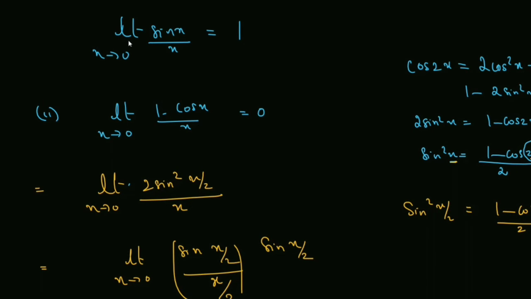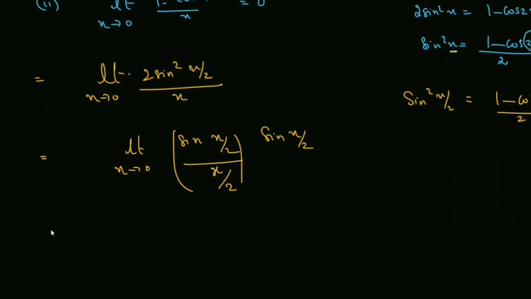Now limit x tends to 0, sin x by x is equal to 1. So you can split this as limit x tends to 0, sin x by 2 by x by 2, into limit x tends to 0, sin x by 2.